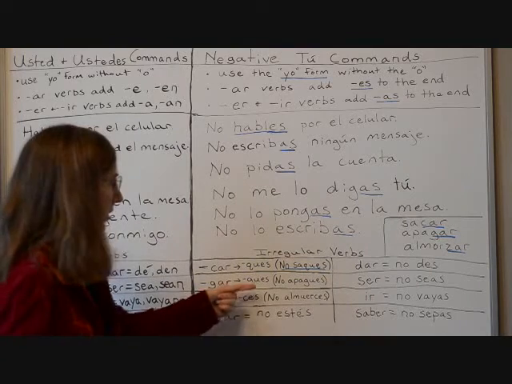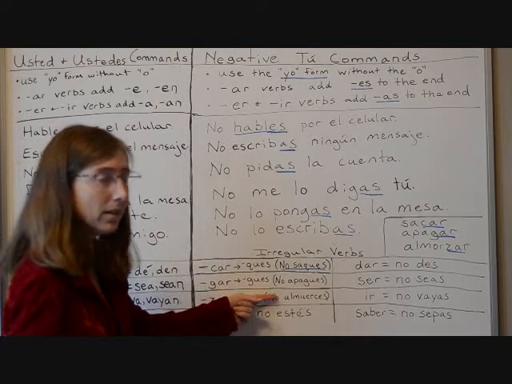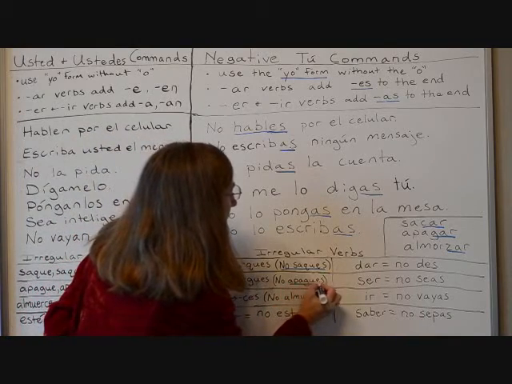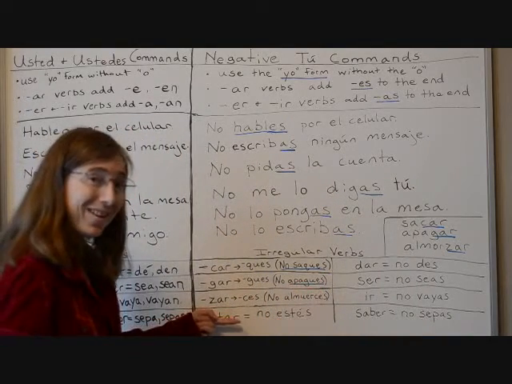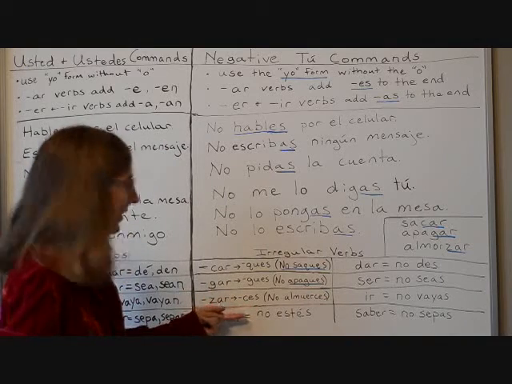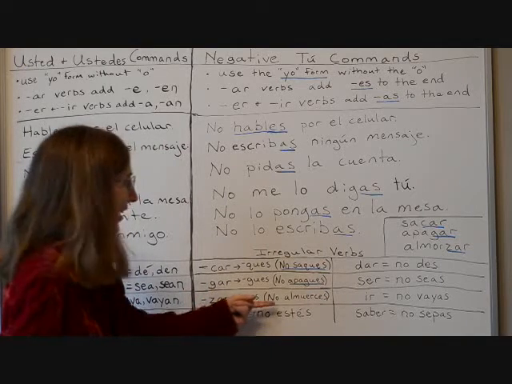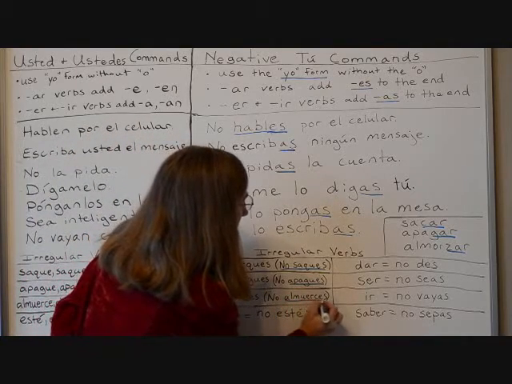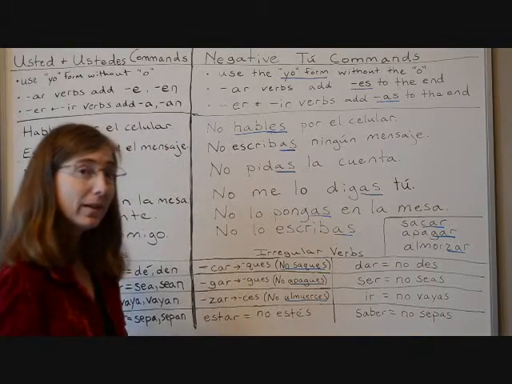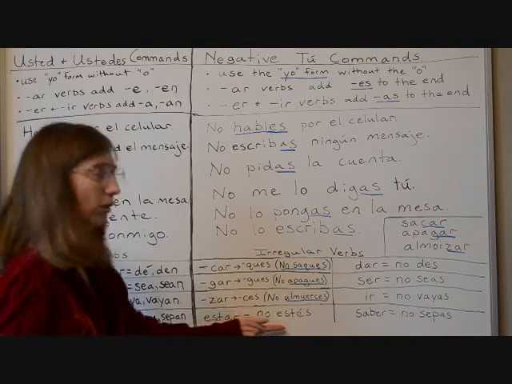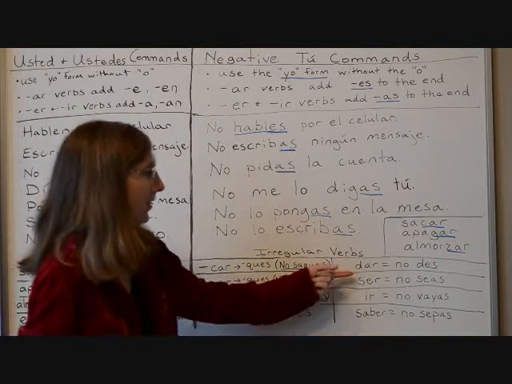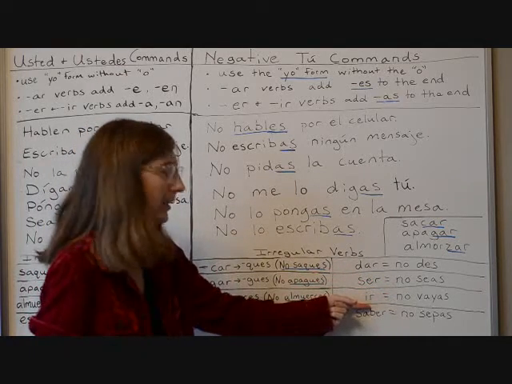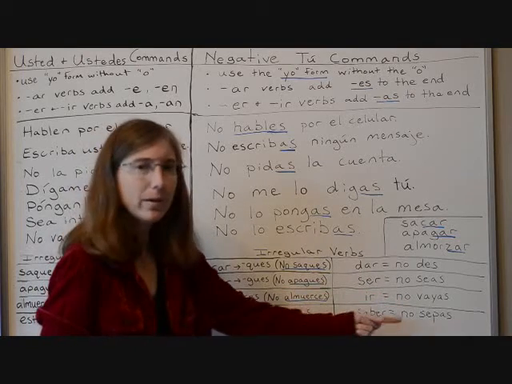GAR verbs become GUES on the end, so it's no apagues. ZAR verbs, we change the ending to CES, and it becomes no almuerces. And then there are some irregular verbs like estar, no estés, dar, no des, ser, no seas, ir, no vayas, saber, no sepas.